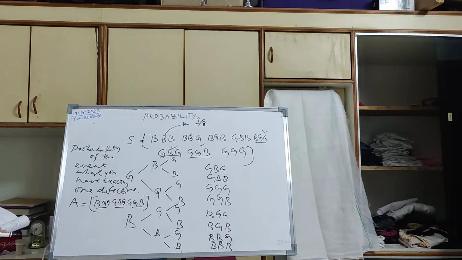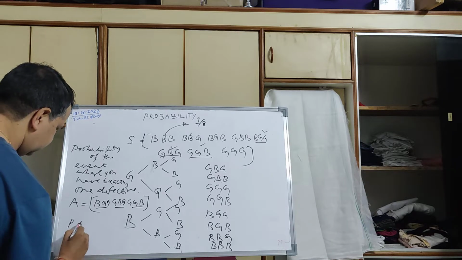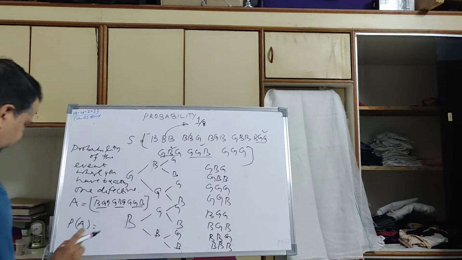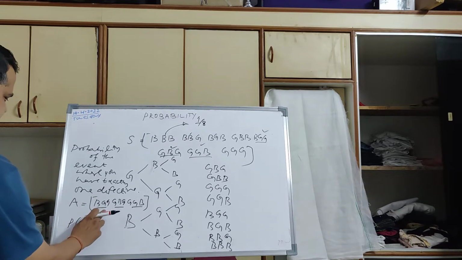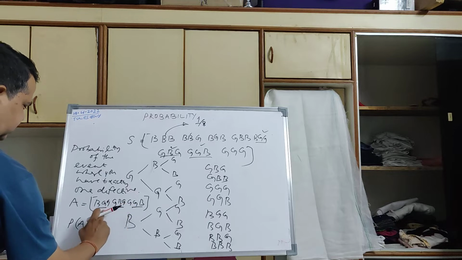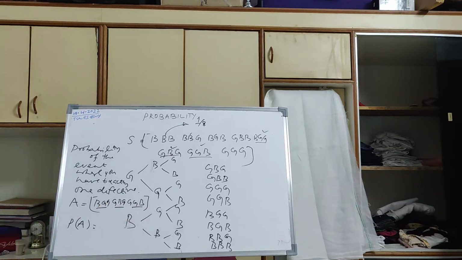So the probability of that event becomes, this is how we find probability: the probability of this sample point, this sample point, this sample point. So the addition of the probability of each sample point.